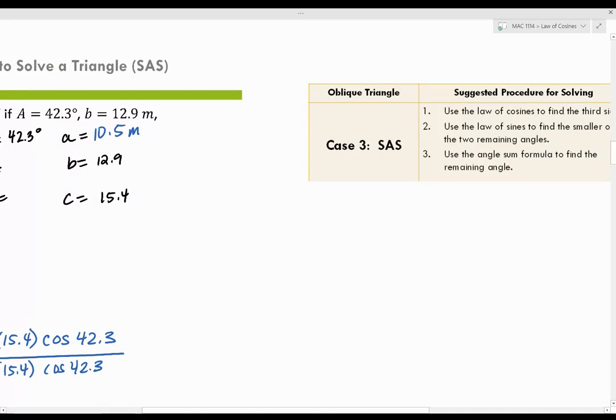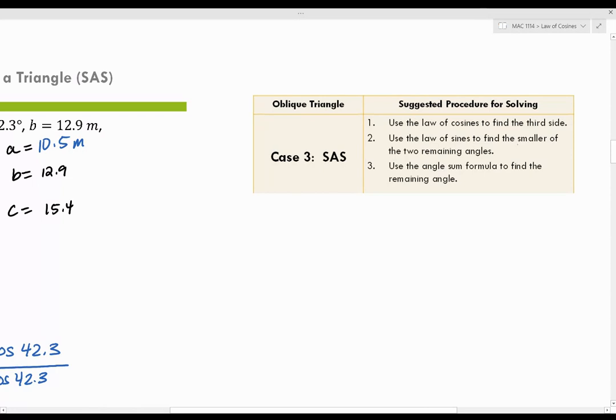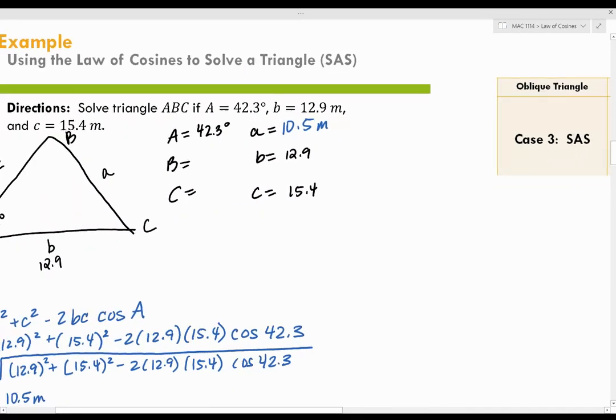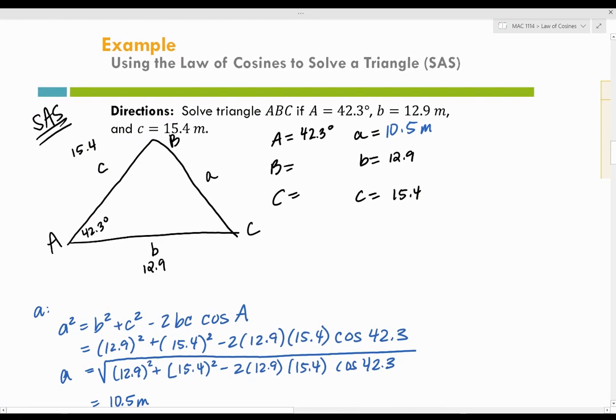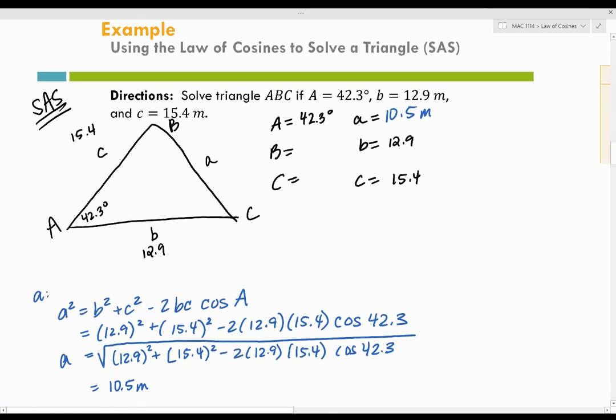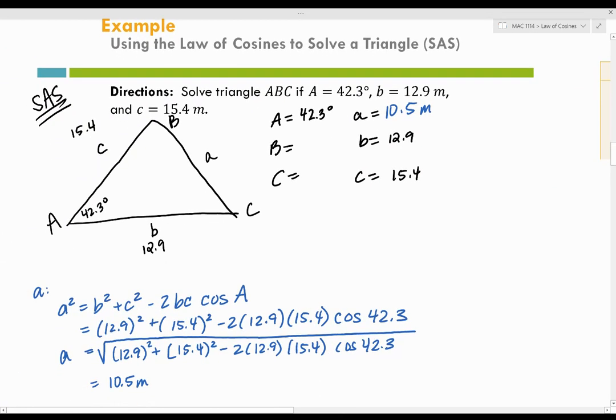Our directions say we're going to use the law of sines to find the smaller of the two remaining angles. You may be asking, how am I supposed to know which of my two angles is going to be the smallest? The cool thing about triangles is that angles correspond to their sides, which means the smallest side is across from the smallest angle, the medium side is across from the medium angle, and the large side is across from the large angle.